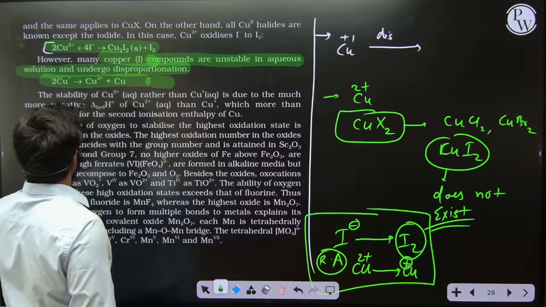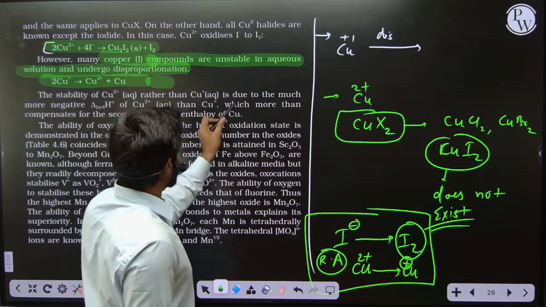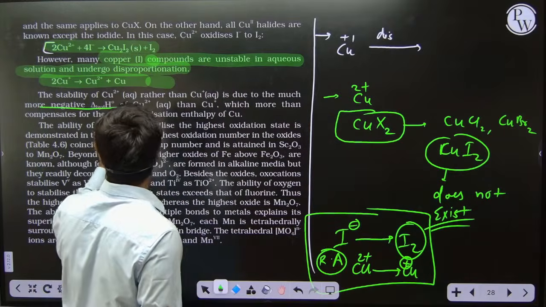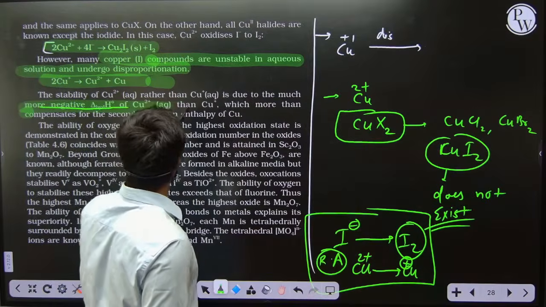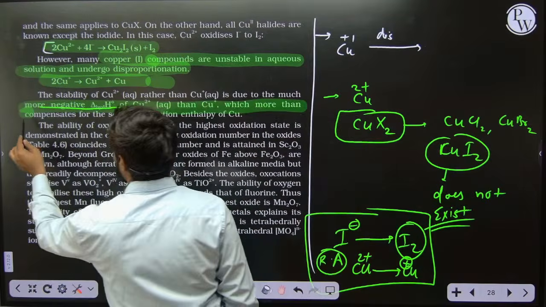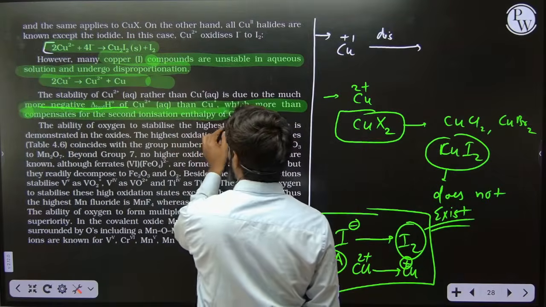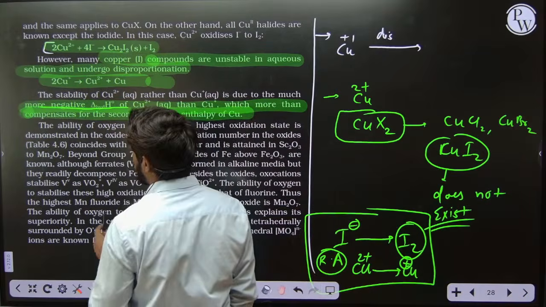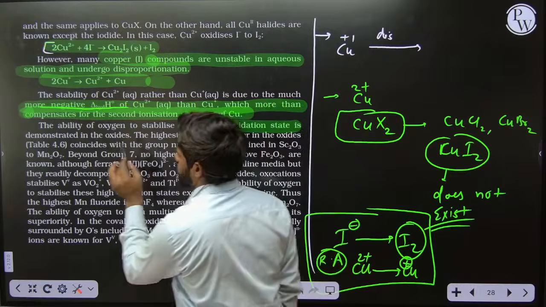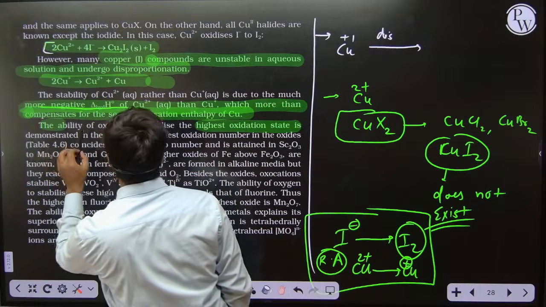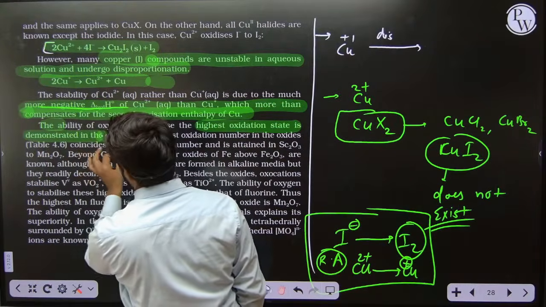Next, the stability of Cu2+ rather than Cu+ in aqueous solution is due to the much higher negative hydration enthalpy, which more than compensates for the second ionization enthalpy of copper. The ability of oxygen to stabilize the higher oxidation states is demonstrated in the oxides.